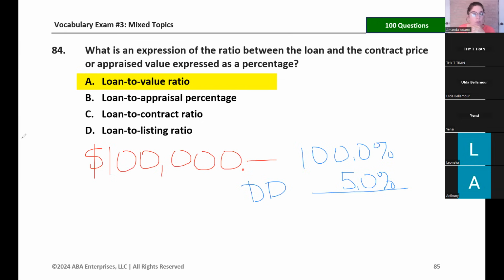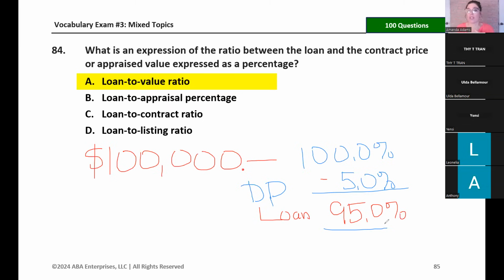So you're going to have to come up with your down payment out of pocket. That means the lender is going to give you the remaining 95% as a loan, correct? So the loan to value ratio for your loan is 95%.